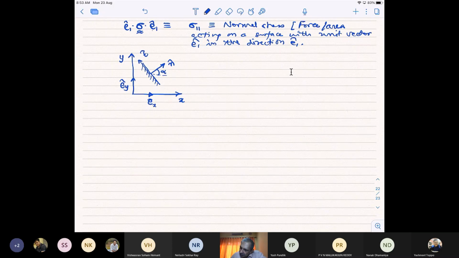And actually, I can just define this as a new coordinate system, x prime and y prime. So it's as if I've changed the coordinate system to a new one, x prime, y prime.